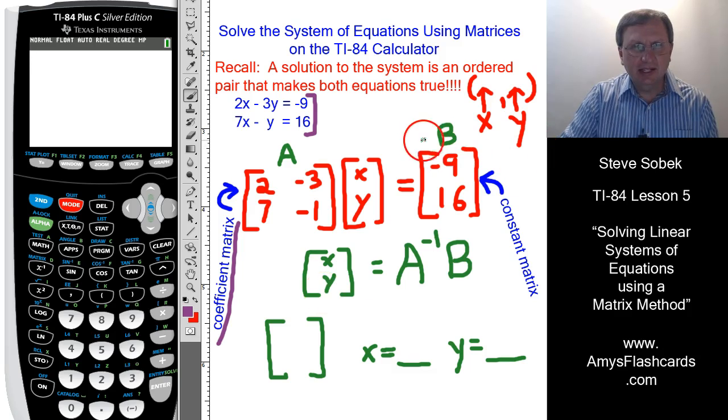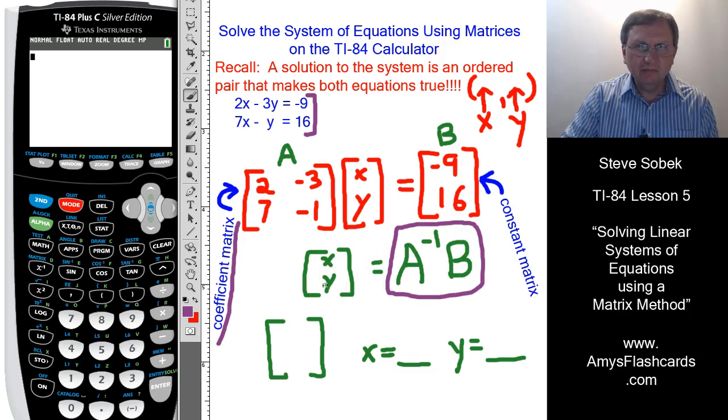And on this side, A inverse times B, and it's the calculator that's going to do this multiplication for us. It'll figure out what the inverse of matrix A is and multiply it by matrix B, and the result will be our answer. For those who know nothing about matrices, here's the bottom line.